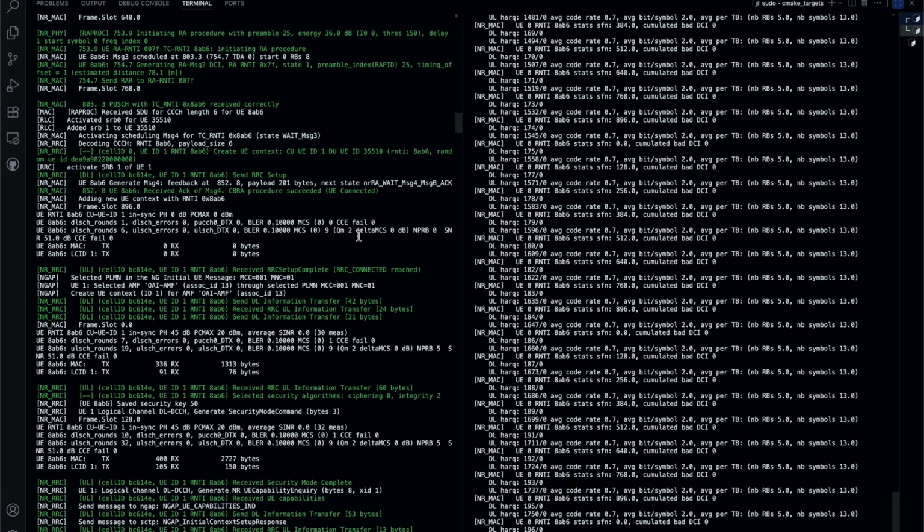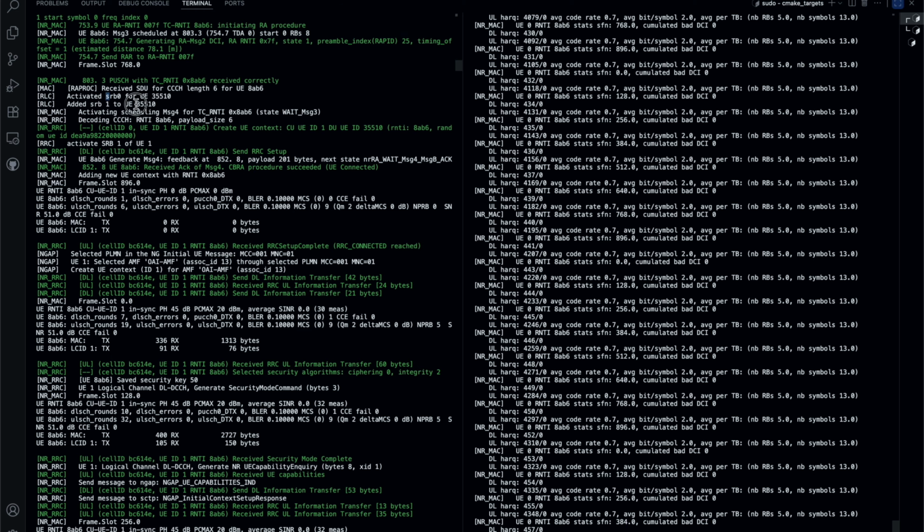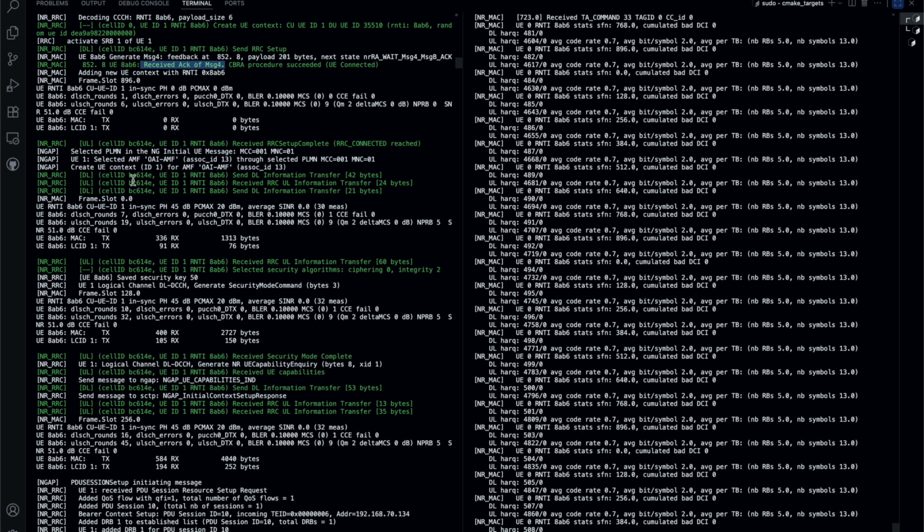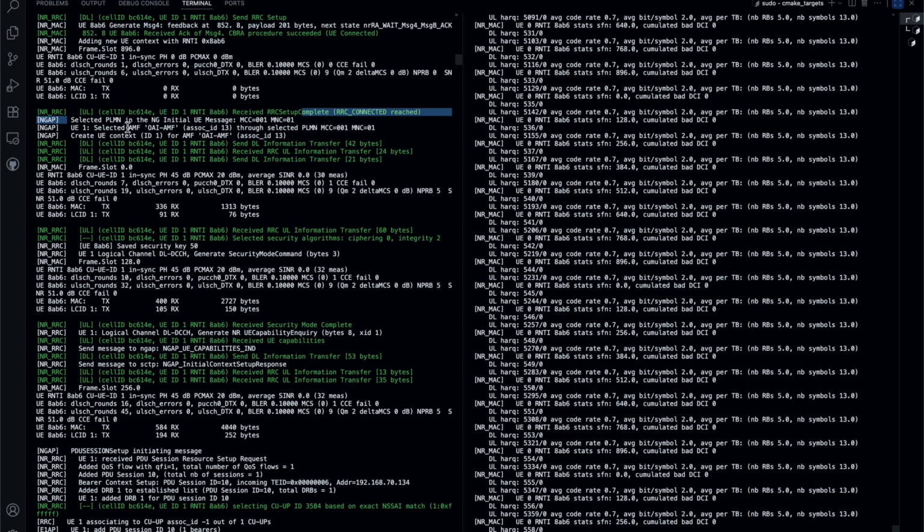So here you can see the connection begins with the random access procedure, right? And now these message 1 to 4 where the UE initiates communication, and then UE pushes this RRC connection request, right? So now you can see the acknowledgement of message 4 as well. And if we go a bit down, we have the selection of PLMN, and the UE context is created.